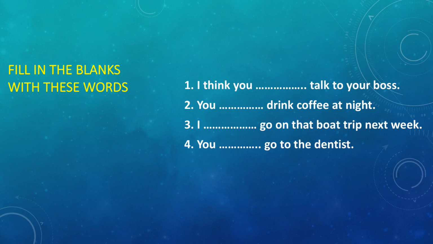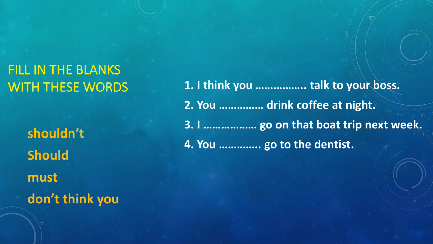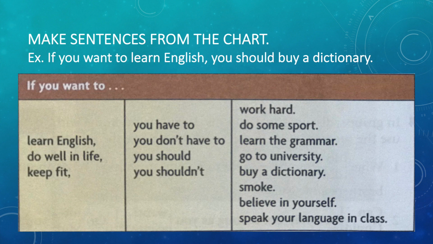Task number 3 is to fill in the blanks with the given words. Here we have 4 sentences to be filled by these 4 words. These 4 words are shouldn't, should, must, and don't think you. And the final task is to make sentences from the chart.